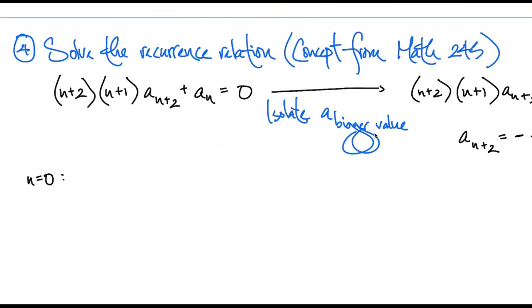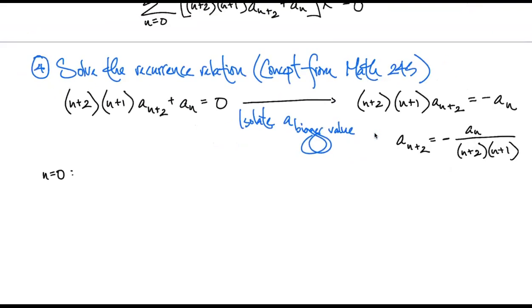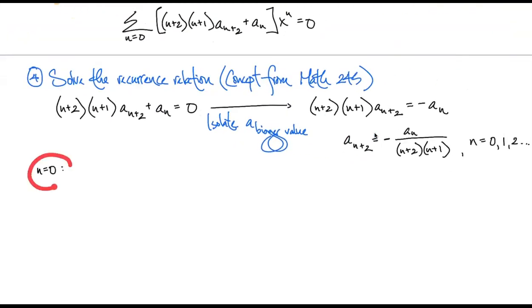And so we're going to take n equals 0, and we're going to plug it into our recurrence relation. So if n equals 0, that means I have a sub 0 plus 2 equals negative a sub 0 over 0 plus 2 times 0 plus 1.